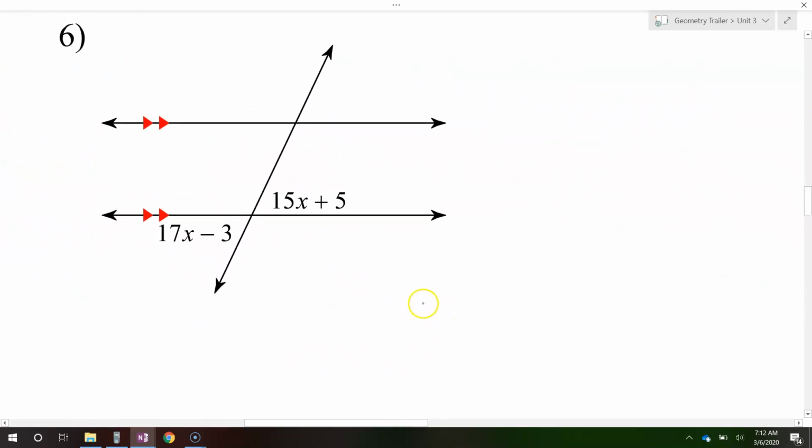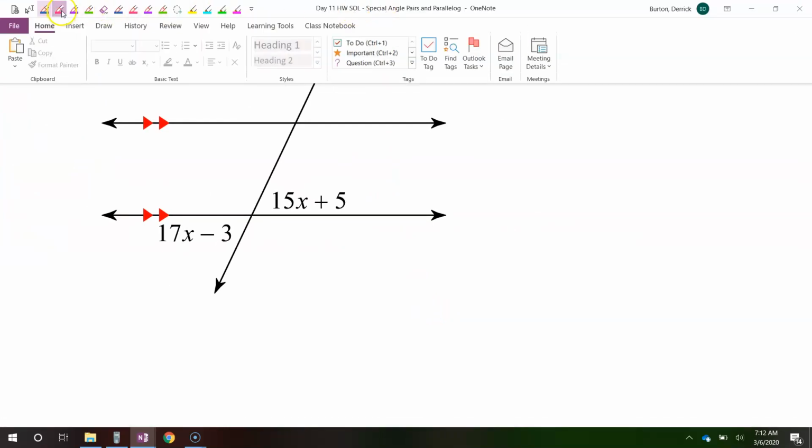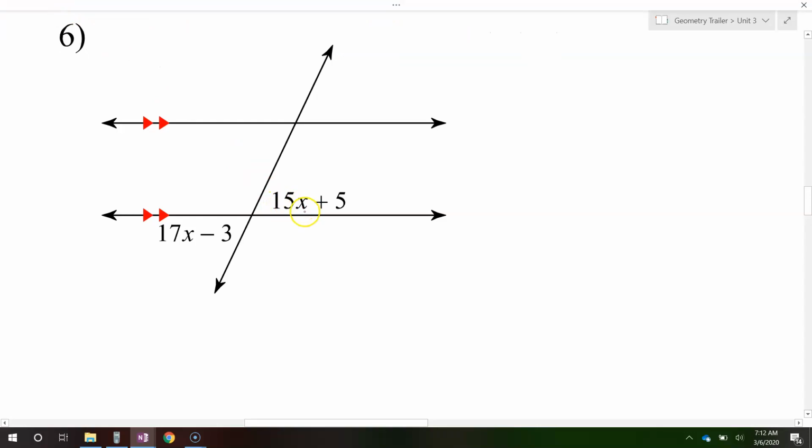All right, number 6. Well, these are vertical angles, and it actually doesn't matter whether these lines are parallel or not. Vertical angles are always congruent. So these should be equal to each other. So I can just go 17x minus 3 will equal 15x plus 5.